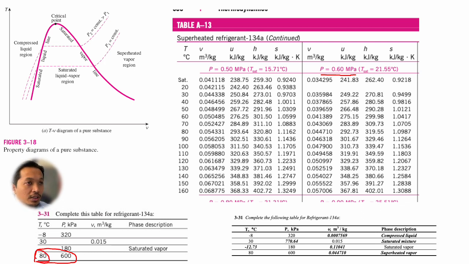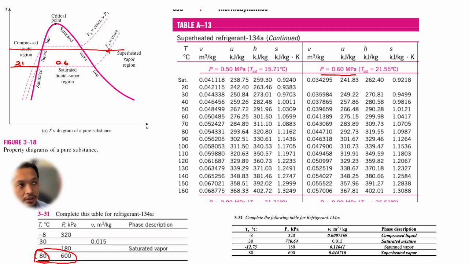Let's say this line is 0.6 megapascal, and the temperature here is 21.55 degrees C. But our temperature is way higher. So that means it is somewhere here in the superheated vapor region.